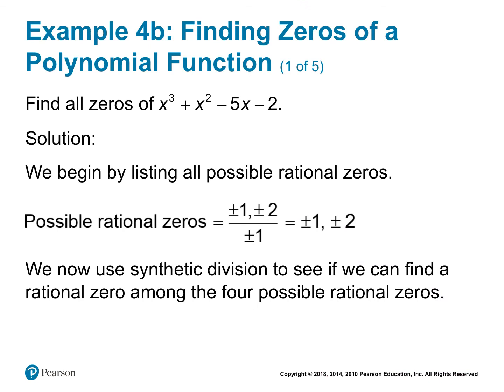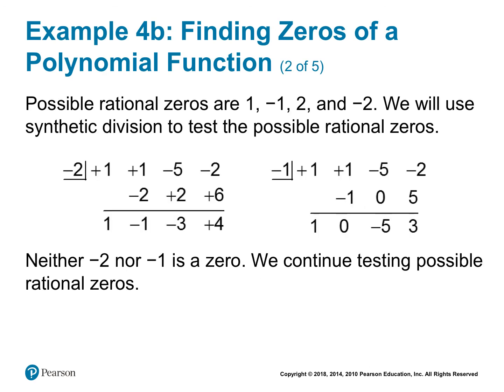Now I have another one here where I include all the slides. You can walk step by step. You'll first list all the possible rational zeros, then use synthetic division to test these 4 possible solutions. On this slide they tested negative 2 and negative 1.